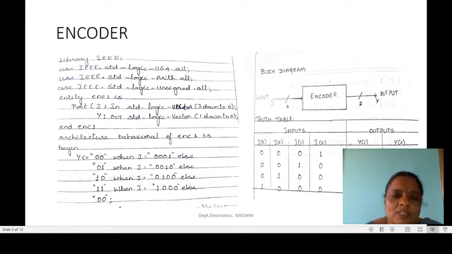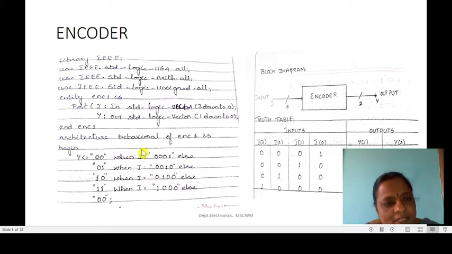I leave this program for you. Just try to analyze it. Is this program going to execute, and what are the errors in the program? I think all of you know the encoder and the working of the encoder.